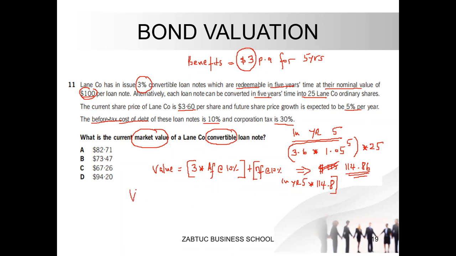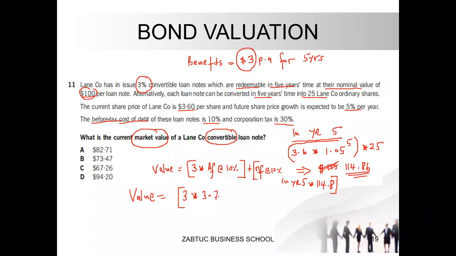Can somebody give us some values here? What's the annuity factor at 10% for 5 years? 3.791.